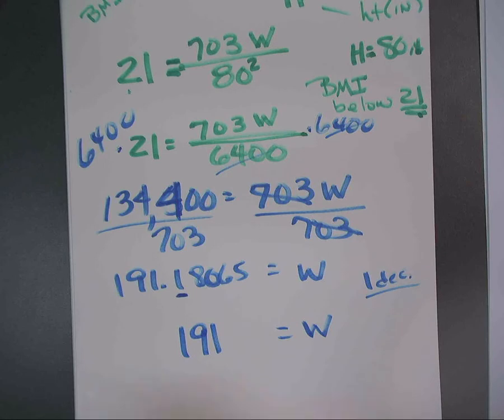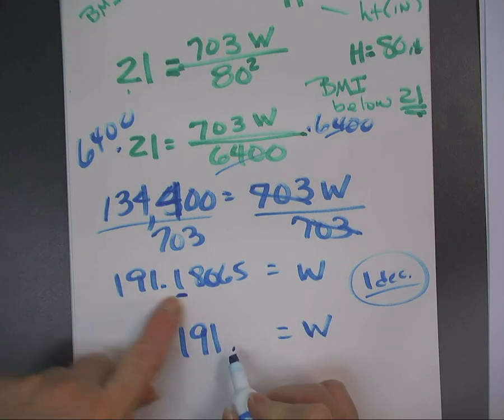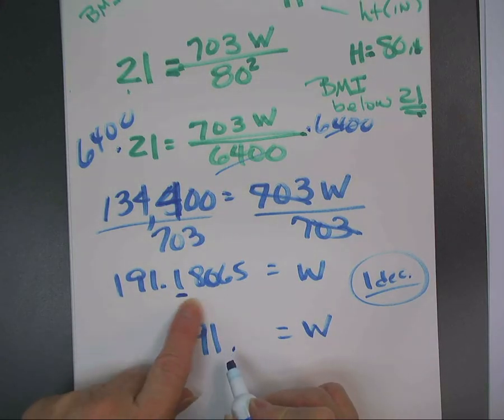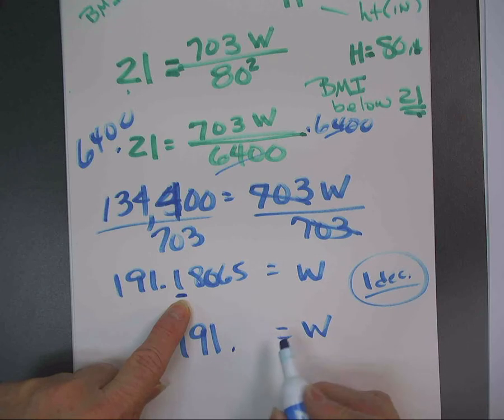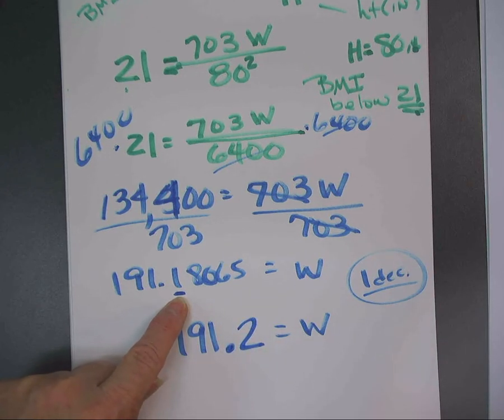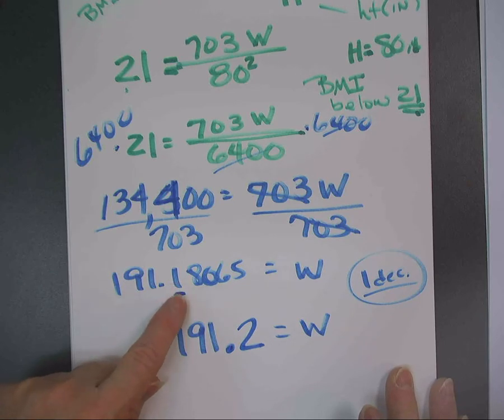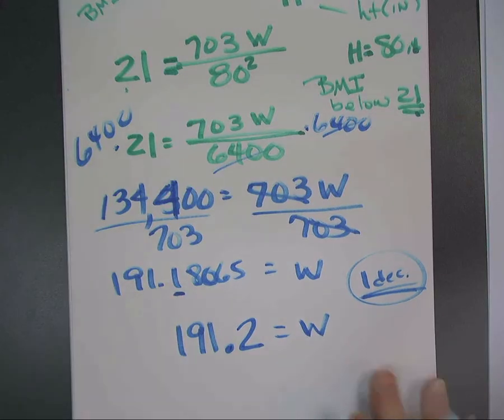It says to do it to 1 decimal place, 191 what? 0.2. The 8 makes it go up. Well, then I would get that wrong. Make sure to leave 1 decimal place there.